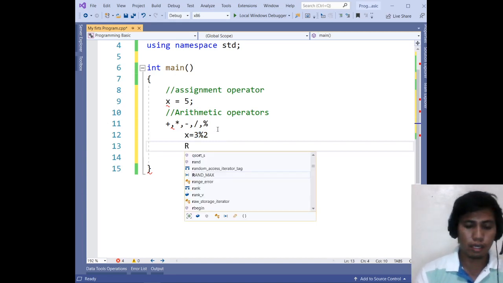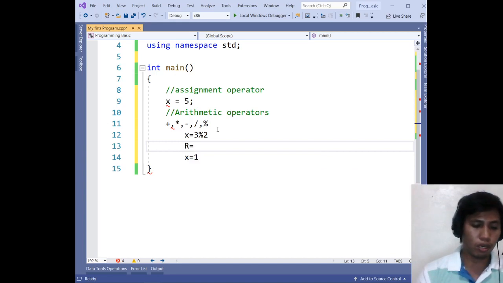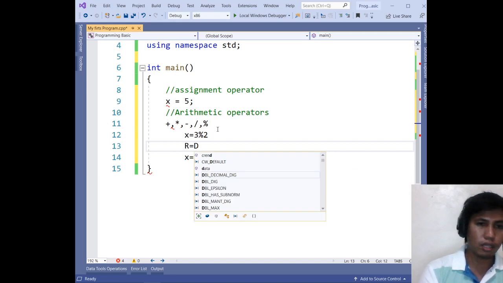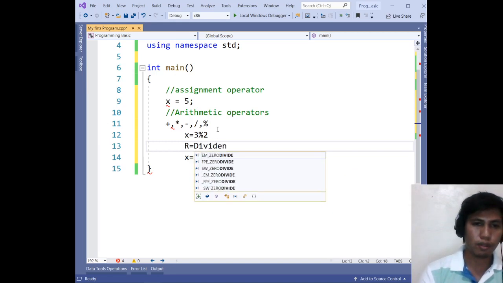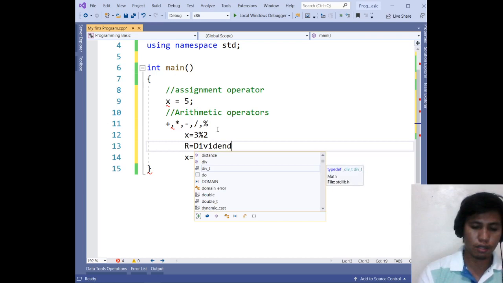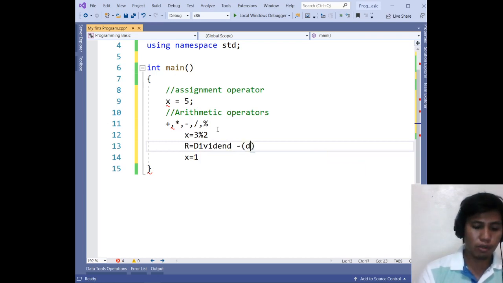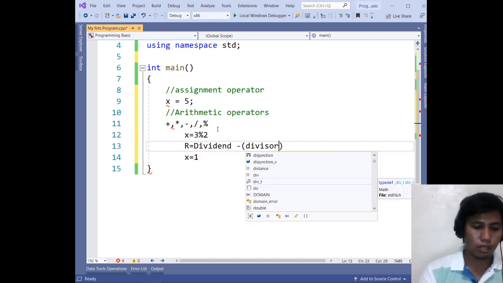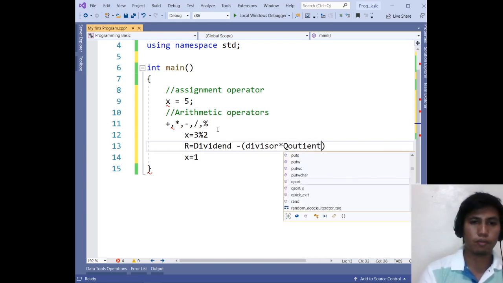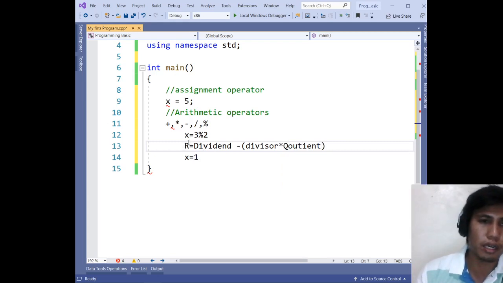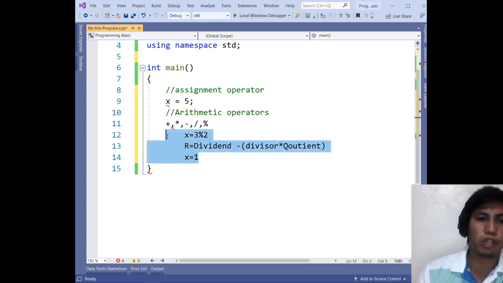So remainder R is equal to, take note, the dividend minus the product of divisor times the quotient. So that is remainder R. So basically, the modulus operator has this expression. So yan po yung modulus operator natin.